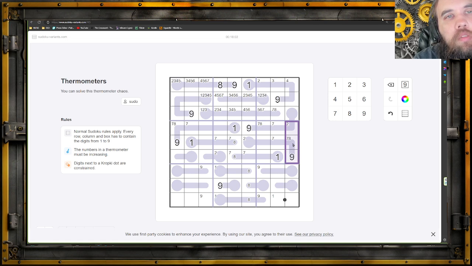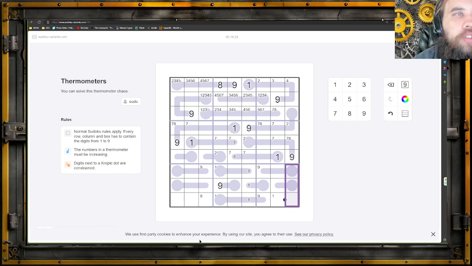There is some issues here and here with low digits. We're now at 2, 3, 4, 5. 2, 3, 4. So these are 4 or 5 at the smallest. So threes would have to be restricted to here or here.